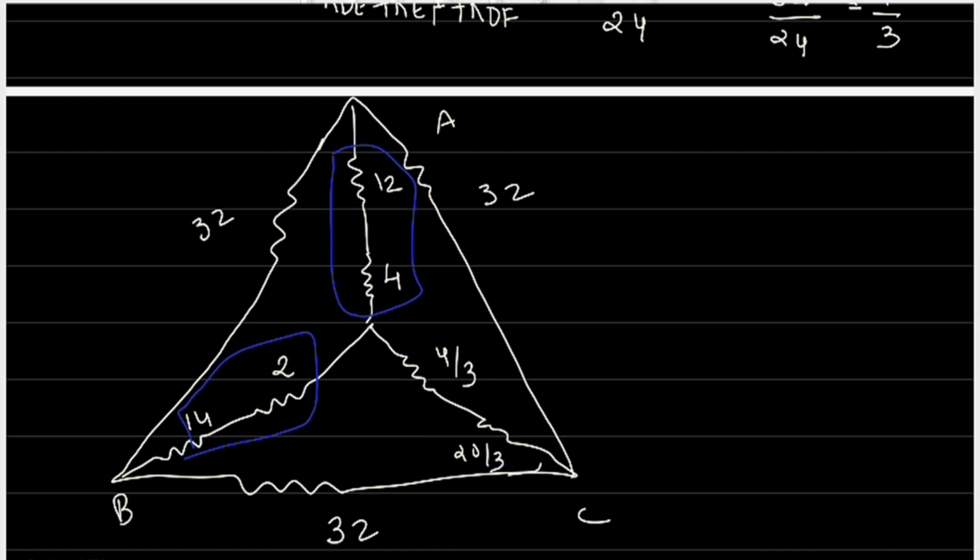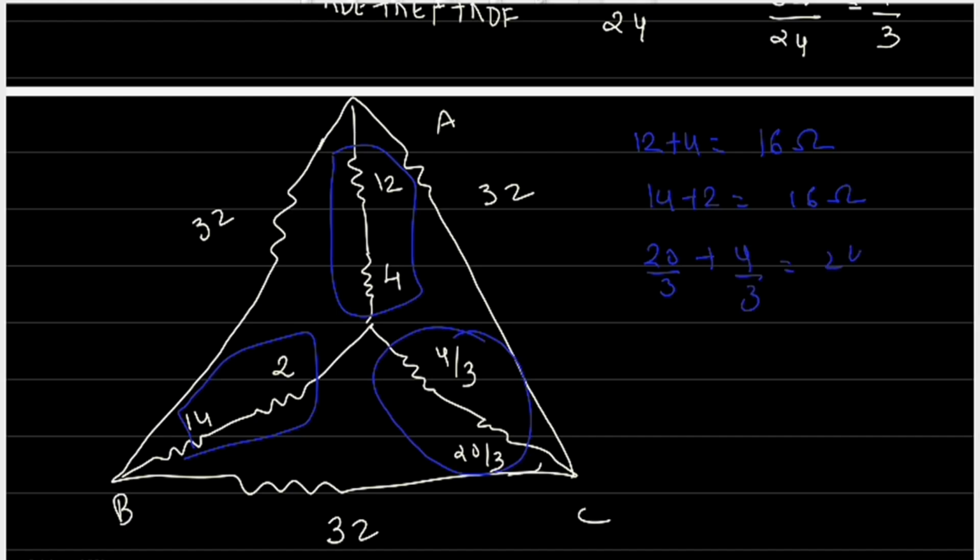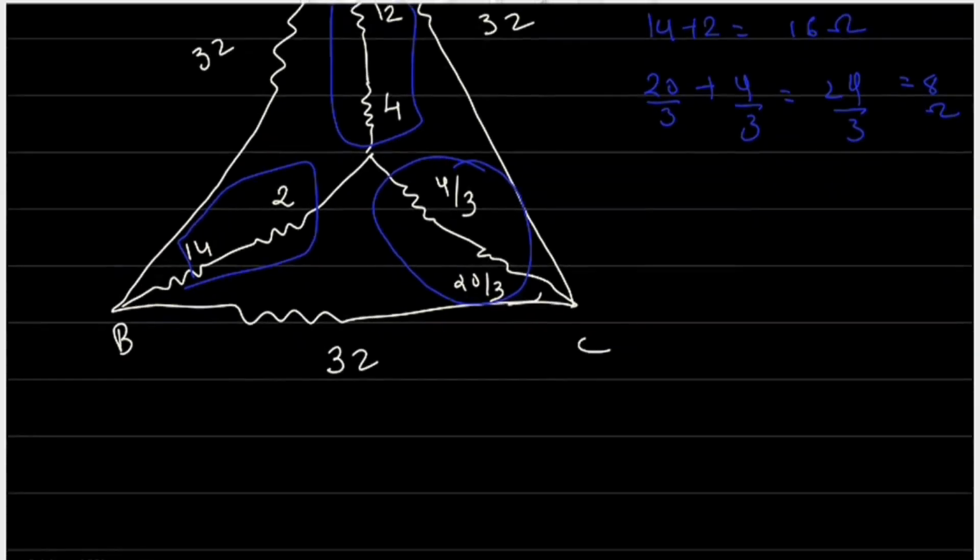So since they are in series, it would be 12 plus 4 equals 16 ohm, 14 plus 2 equals 16 ohm, and 20 by 3 plus 4 by 3 equals 24 by 3, that equals 8 ohm.